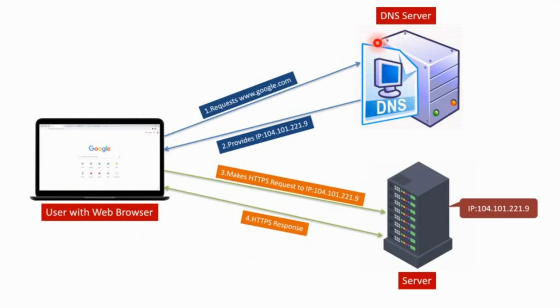The DNS server knows the IP address for the website because a DNS server is like a giant directory that matches website names to their IP addresses. The DNS server tells your computer the IP address. Then your computer can connect to the website.